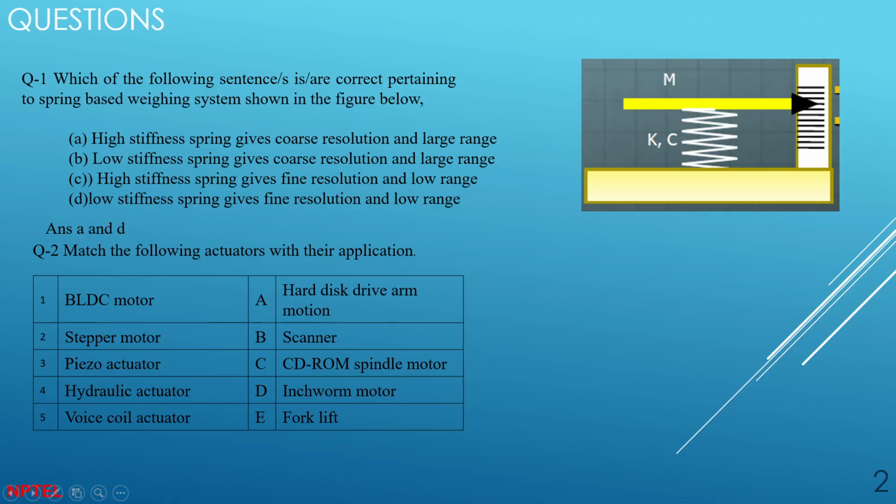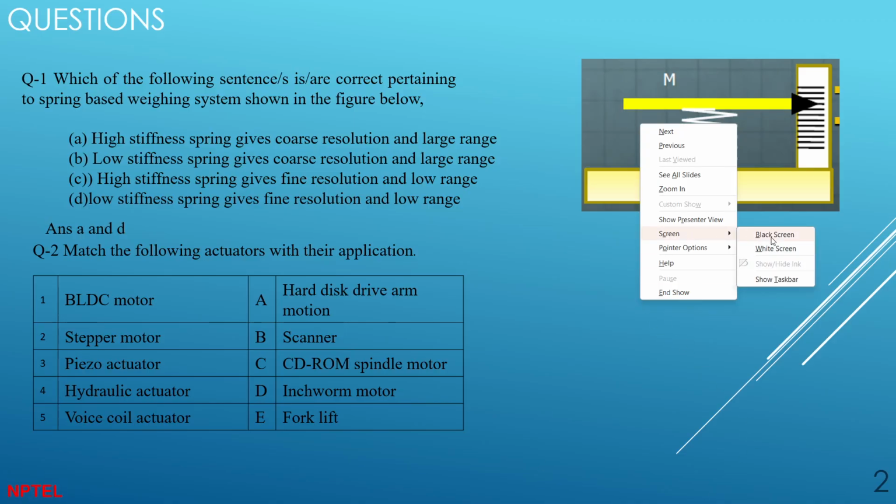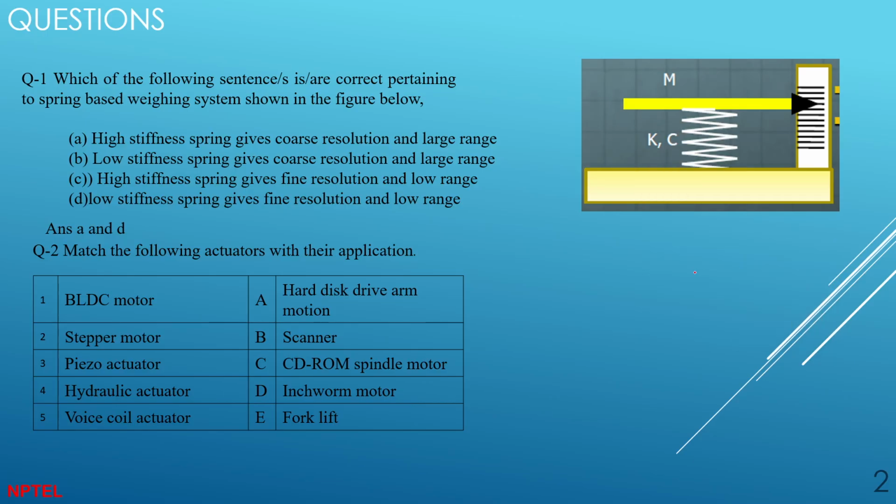In my last lecture, you have this CD, and this is the rotor. At every peripheral point, R1, R2, R3, the velocity will be the same.